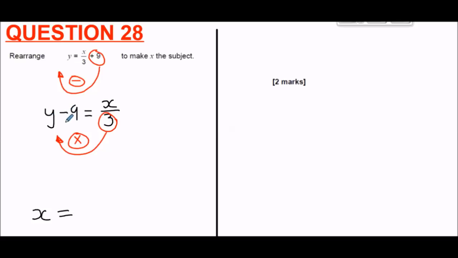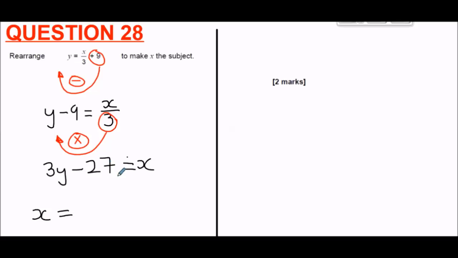The answer is it's going to multiply everything on that side. So the y gets multiplied by 3, so we get 3y, and the minus 9 again gets multiplied by 3, so 9 times 3 is 27, not forgetting the minus sign, and then that equals x.